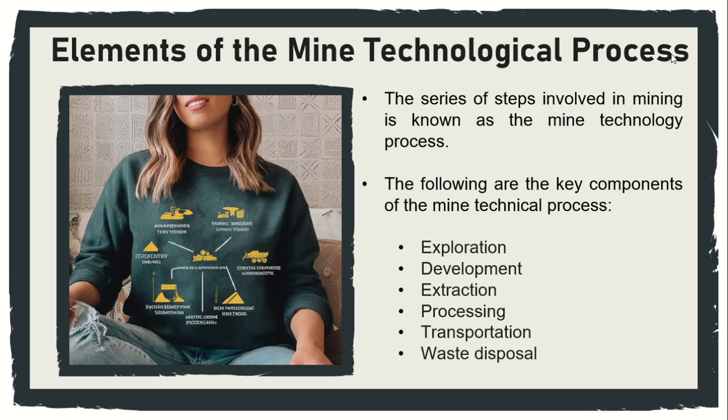The mine technological process is the process by which ore is extracted from the ground and processed into a sellable product. Each element of the process must be carefully planned and designed to ensure the efficient and safe operation of the mine.